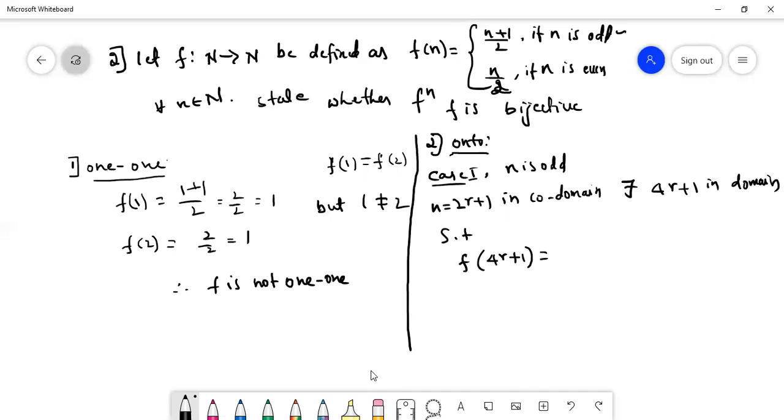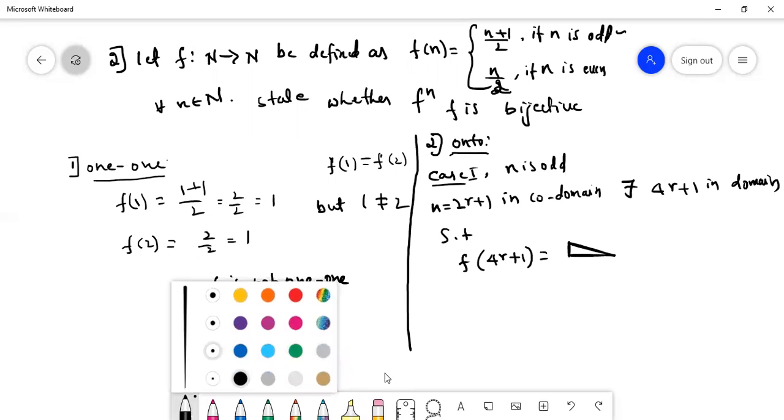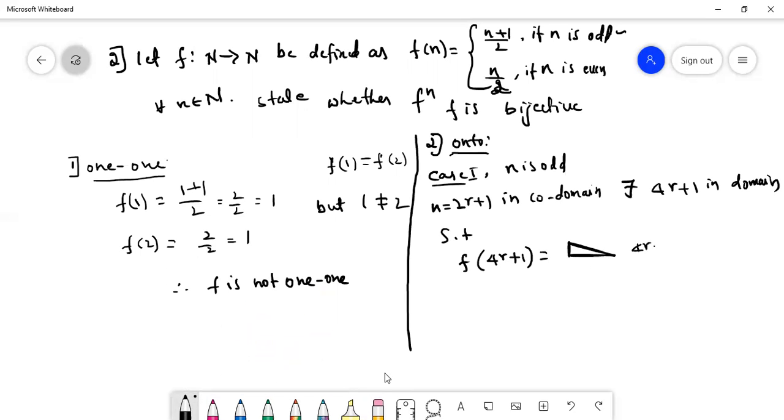If n is odd, then n plus 1 by 2, that is (4r plus 1 plus 1) by 2. That is 4r plus 2 by 2.